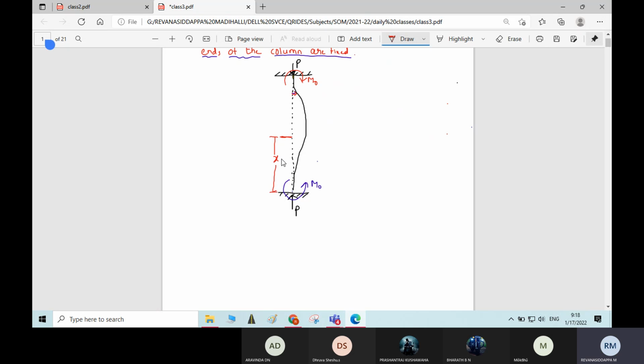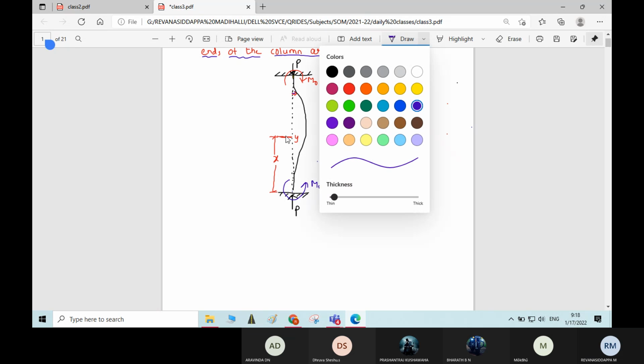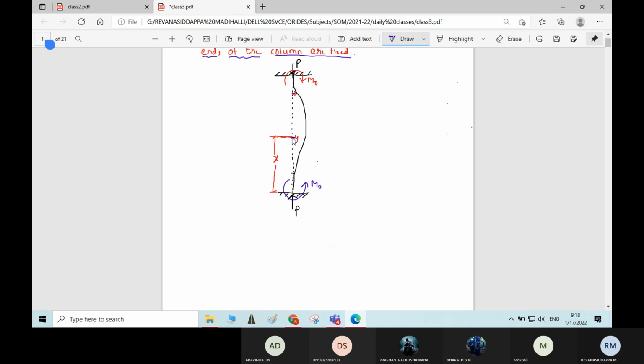At a distance x, let y be the displacement. Okay. Let y be the displacement at a distance x. Consider a section x from bottom support. Let y be the displacement at the section x.